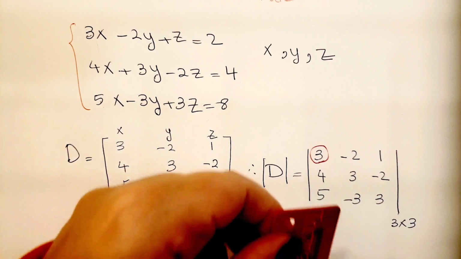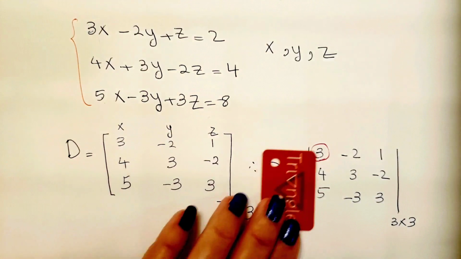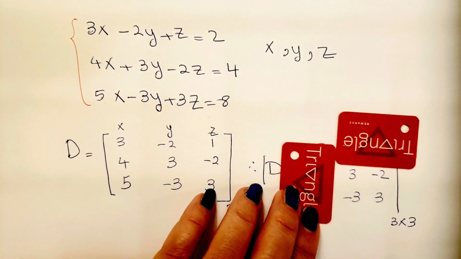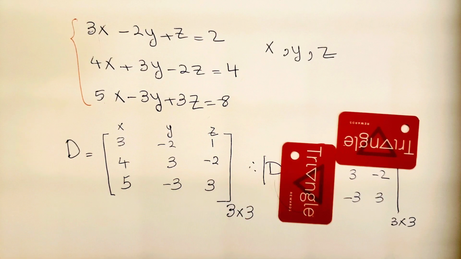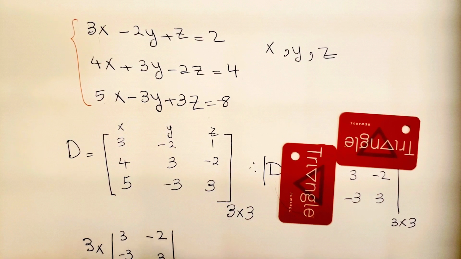The corresponding column and the corresponding row are eliminated, and what is left is a 2 by 2 determinant. So the answer would be 3 times the determinant of 3, -2, -3, and 3.